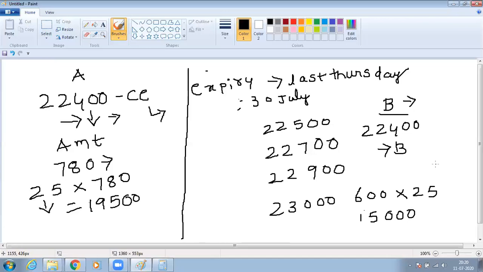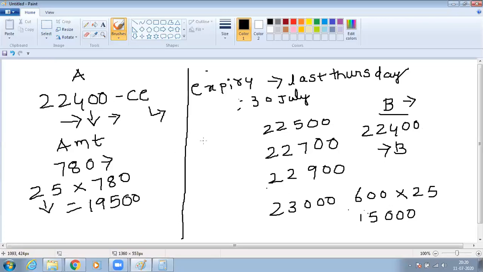How? Because the current price, suppose if you want to buy the bank nifty, the current price is 23,000, but B has agreed to sell at strike price 22,400 itself. So even though 600 points has increased, B is going to bear that loss, so that will be profit for us.